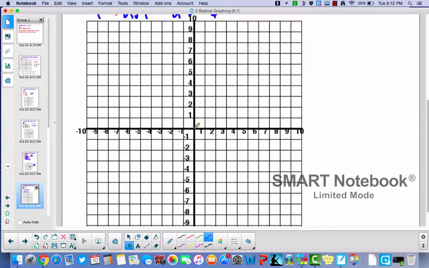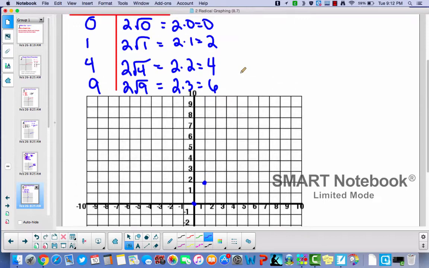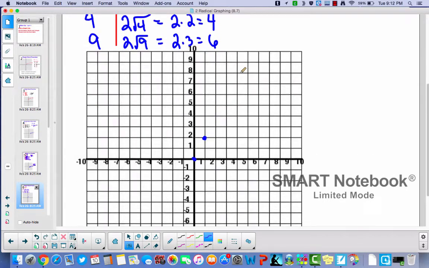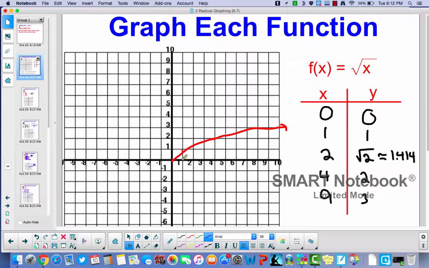So we have 0, 0. We had 1, 2. We had 4, 4. And we had 9, 6. What do you notice about that one? Right, if we compare that to this first one here, it gets a lot steeper.